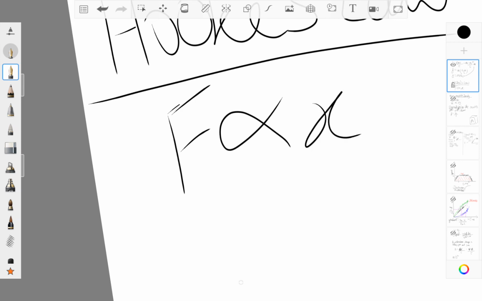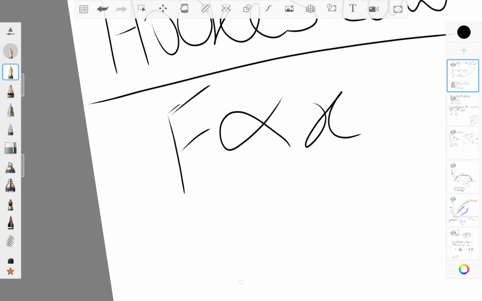So the harder I hit my rubber duck, as in the more force I apply on it, the greater the degree of deformation. And once it does get deformed, it will regain its shape.